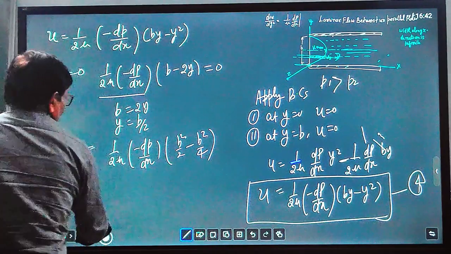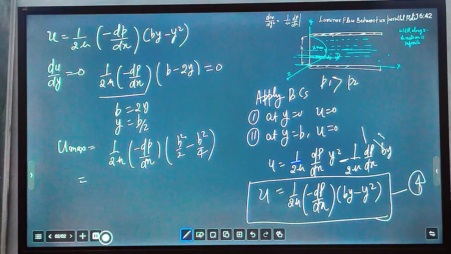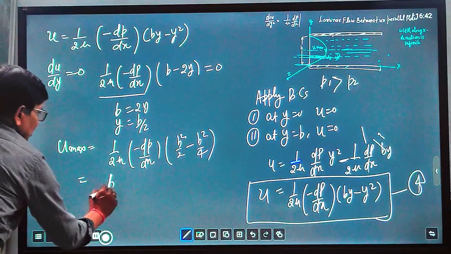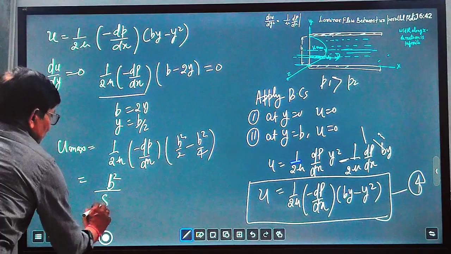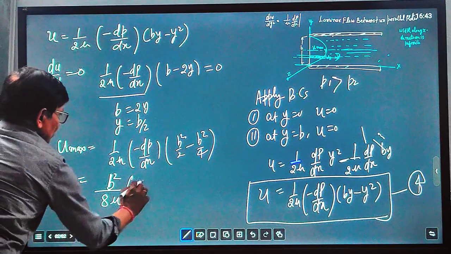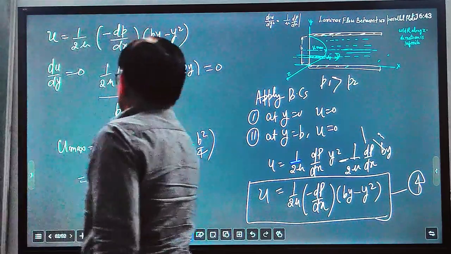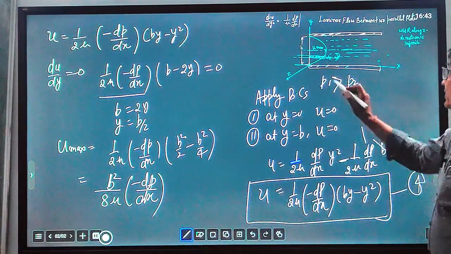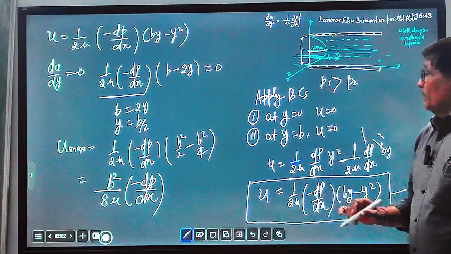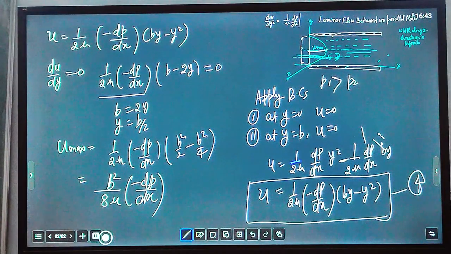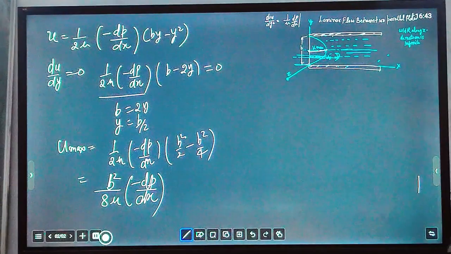Taking common, that will be equal to b square upon 8 mu, minus dp upon dx. This is the maximum velocity. So now it is clear what the maximum velocity is.